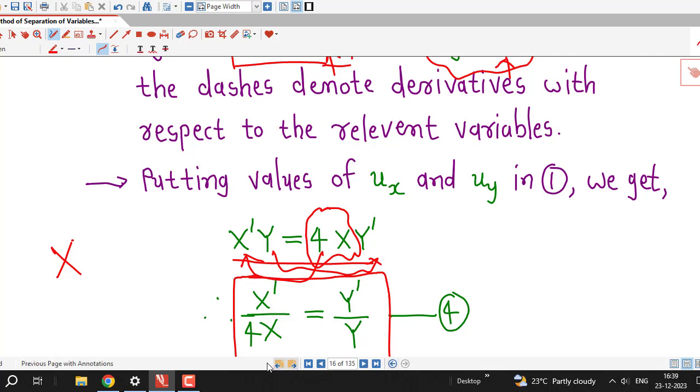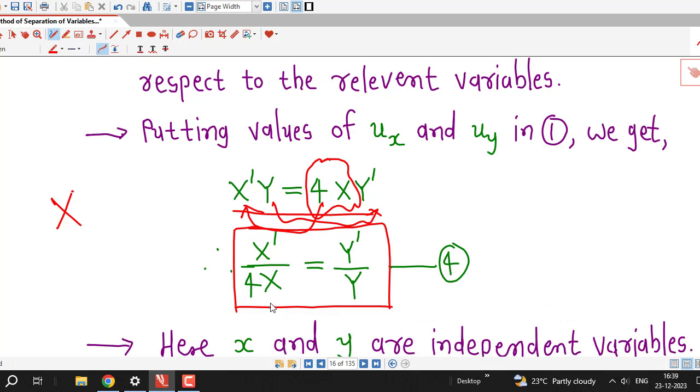Now this equality contains on the left hand side a function of the independent variable x, and on the right hand side a function of the independent variable y. So we have two functions which are equal. This is possible only if these two are equal to the same constant. On one side we have some function of x, on the other side some function of y.